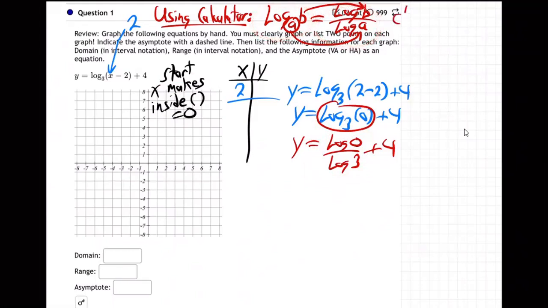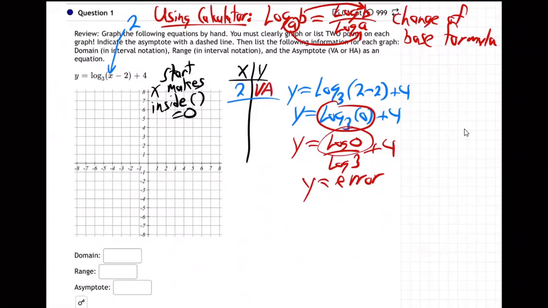It's called the change of base formula. Again, I will prove it's true later. The lower down part has to go low down. So anyway, if you do that on your calculator, this is going to give you error. All this to say, when you hit log 0, it's going to go error. Now, what's up with that? That means there's a vertical asymptote there.